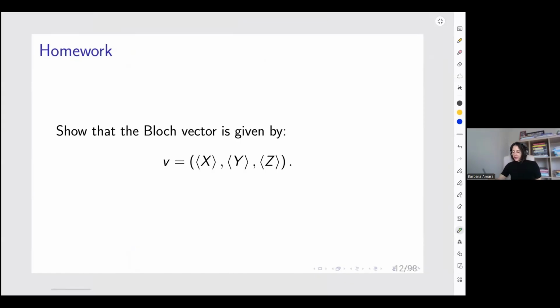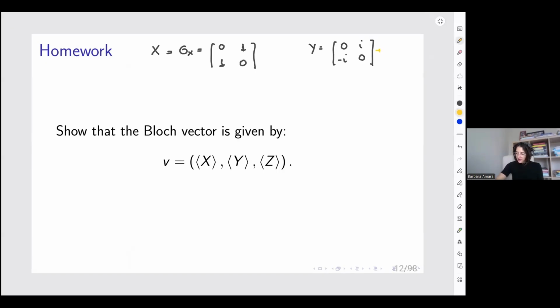And another homework for you, and that is really interesting. We can do it another time if you have any difficulties, but it's just a calculation. Here I'm using a simple notation, but what I'm calling X is what generally in physics we call sigma X, this simple matrix here. Y is this. I never remember where the minus sign is.